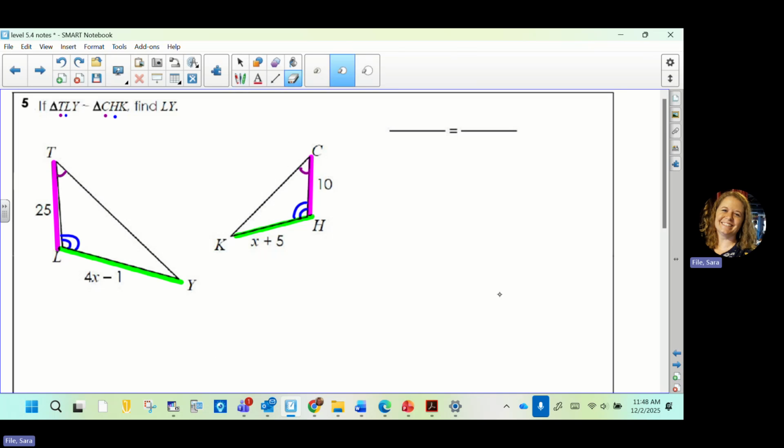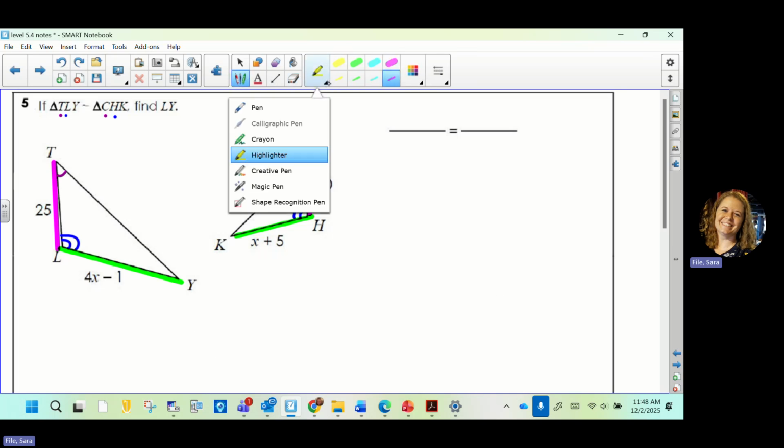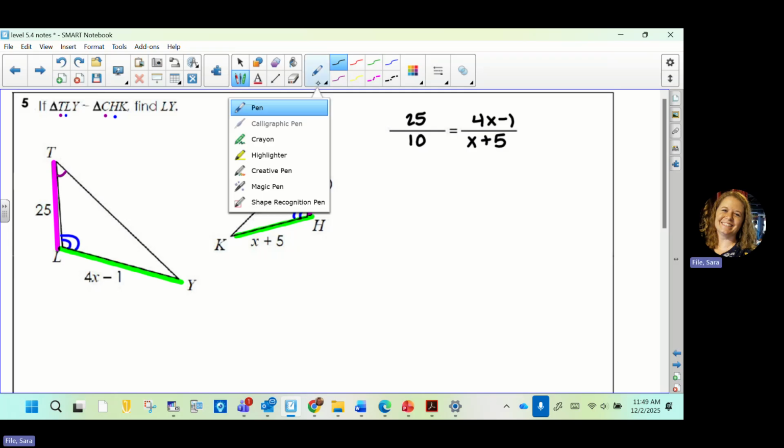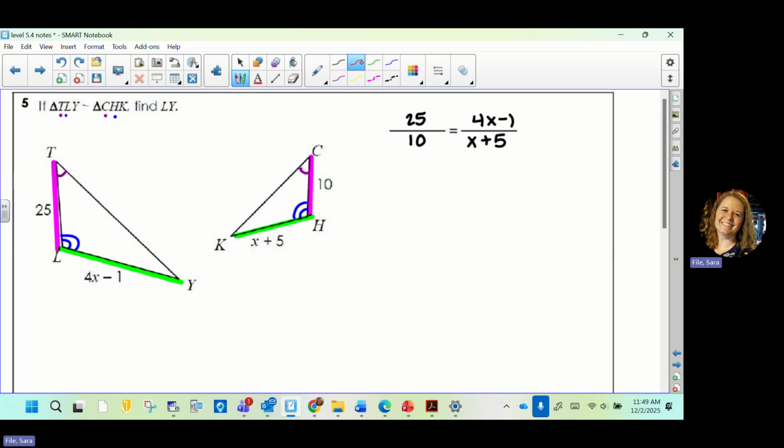So now I want to set up my proportion. So when I go to set up this proportion, let's go pink to pink, left to right, and then I would go left to right with the green. So you get your proportion. I can solve this by hand, algebraically, by cross multiplying.